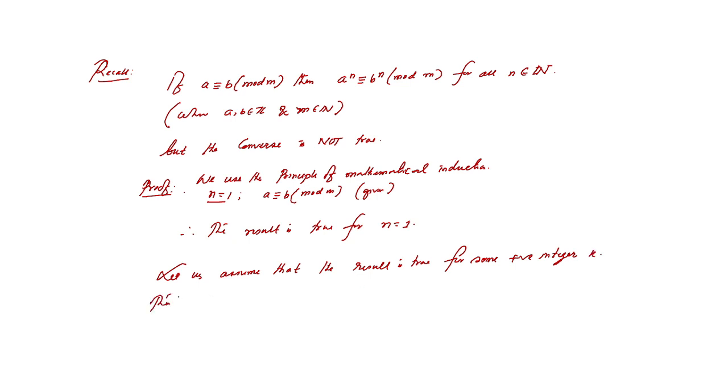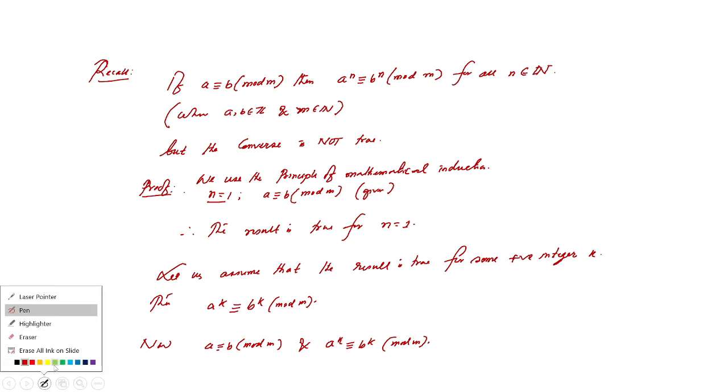So obviously then we can write a to the power k is congruent to b to the power k mod m. Now what do we have? We have A is congruent to b mod m and a to the power k is congruent to b to the power k mod m. And what do we know? We know the result. That is another important recall. What is the recall?